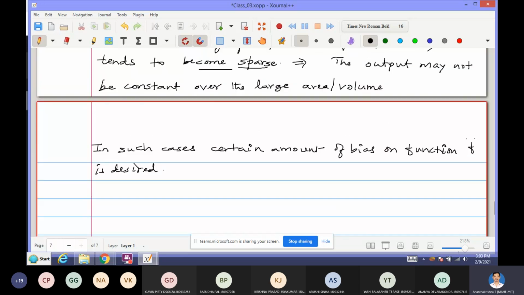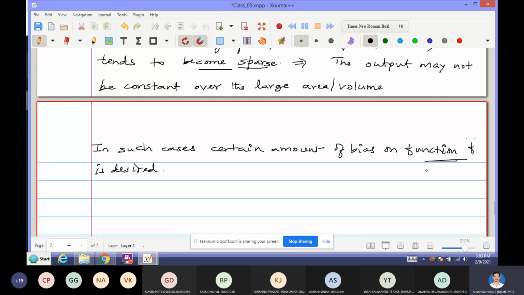So in such cases, a certain amount of bias on the function f is required. The moment you assume a function f of x, that means there is a certain kind of bias on the mapping function. If you consider a regression case and you consider f to be linear, then that is a bias that you introduce.